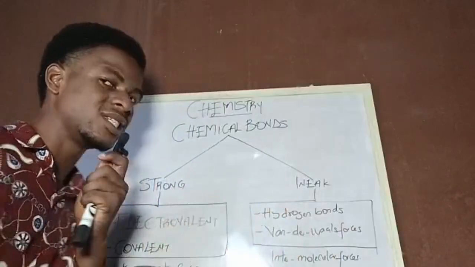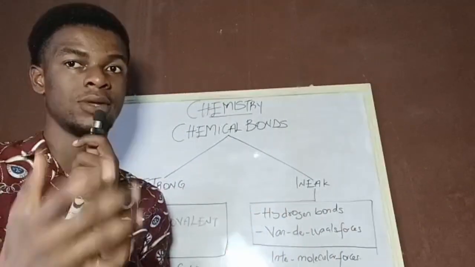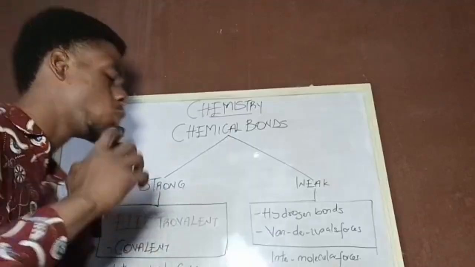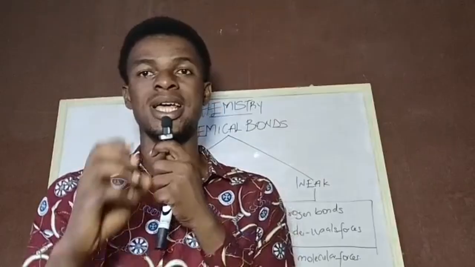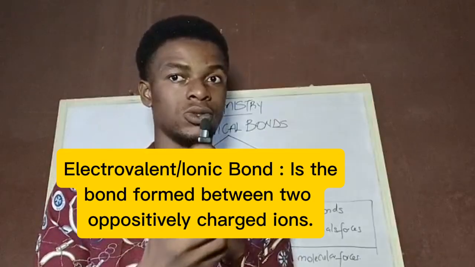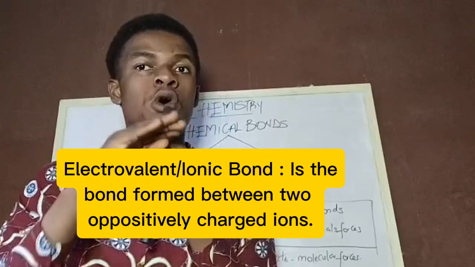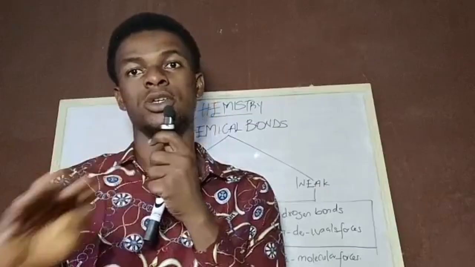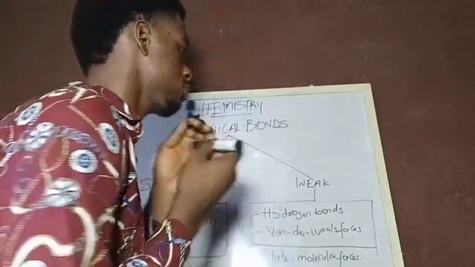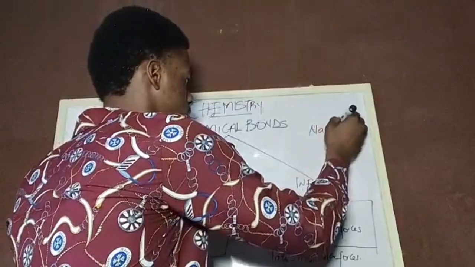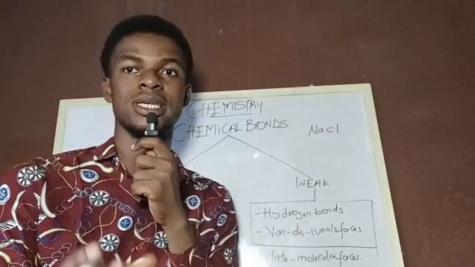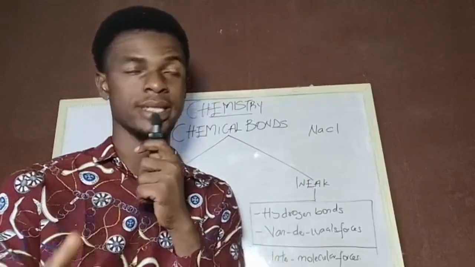Now, I'm going to be explaining electrovalent slash ionic bond. First of all, what is electrovalent slash ionic bond? This is the force of attraction between two oppositely charged ions. For example, I'll be making reference to this particular compound, NaCl, because it is known as a normal salt, right?